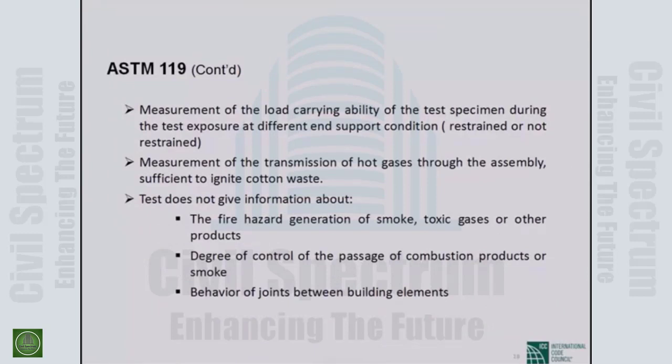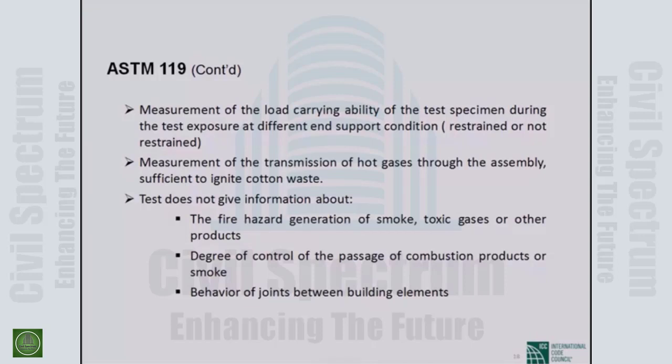So when you do the hose stream test, you have to load the member, and you have to measure the transmission of the hot gas of the assemblies, and this gives you the information of the fire hazard, generation of smoke, toxic gas, other products, degree of control of masses of combustion product of smoke, and behavior of the joints between the building elements.